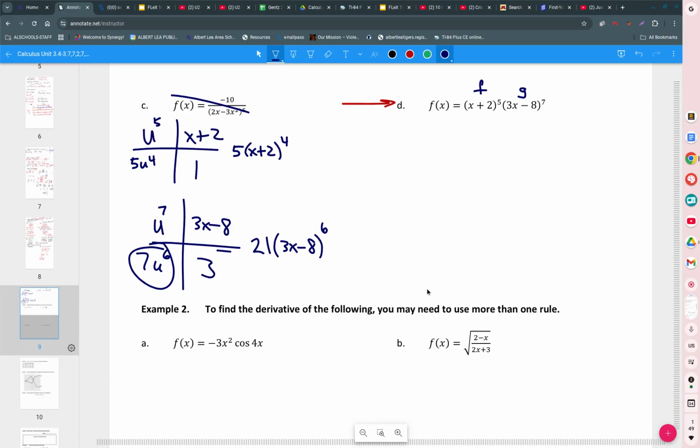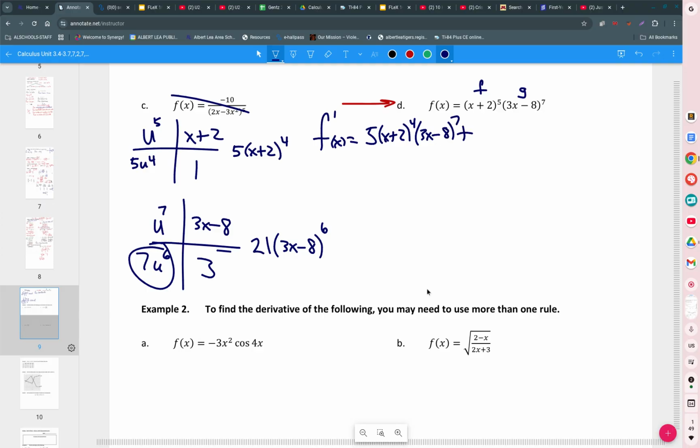Okay, so here we go. The derivative is going to be, gotta be very careful here, because this is a tough problem. We're going to have the derivative of that, which is 5 times x plus 2 to the 4th, times 3x minus 8 to the 7th.